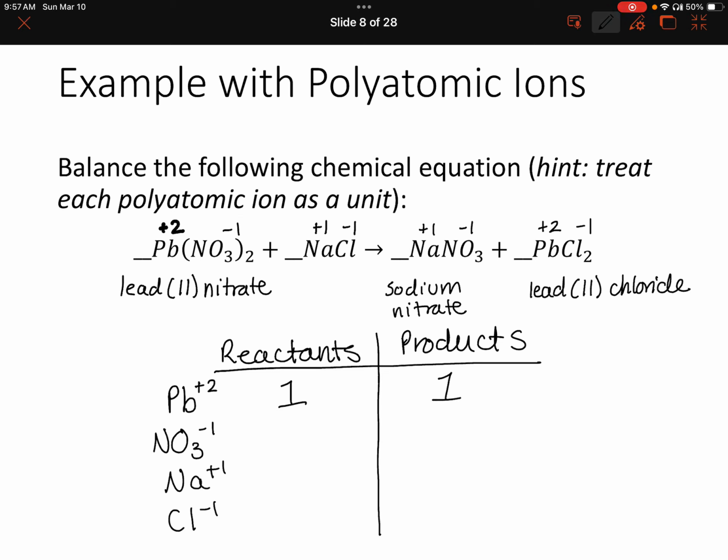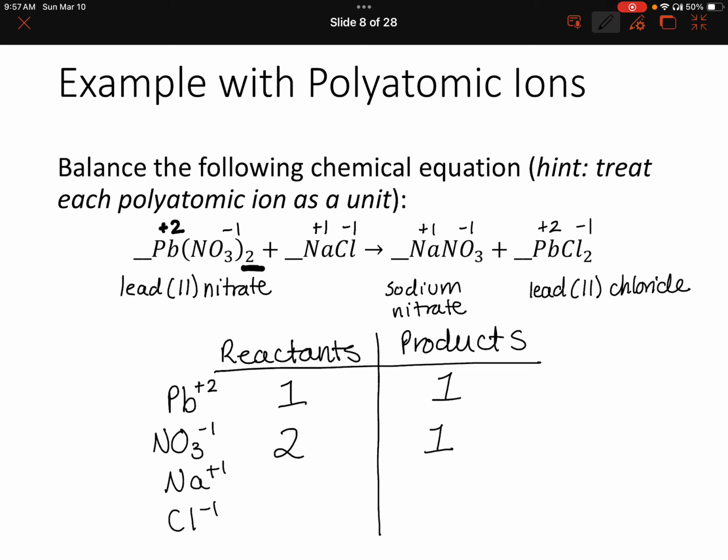And then how many nitrate ions do we have on the reactant side? Well, we have a subscript of 2. So that means we have 2 nitrate ions. On the product side, though, we don't have parentheses around NO3. So that means we only have 1 nitrate ion.